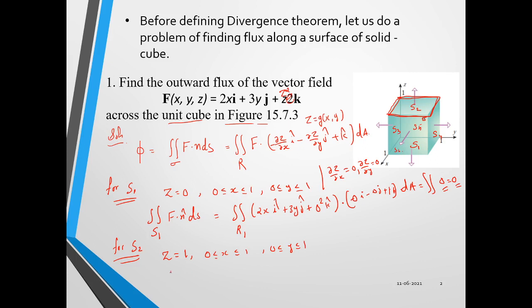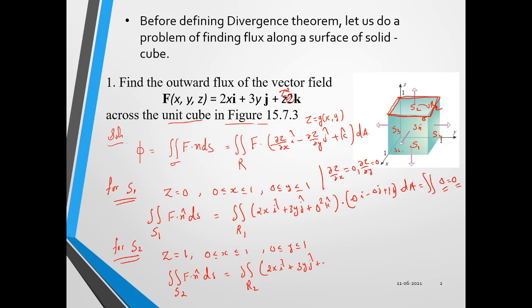Now tell me what will be the flux over S2 of F dot n dS, equal to the double integral over the projection, I'm calling it R2. Okay, so F is 2x i plus 3y j plus z.